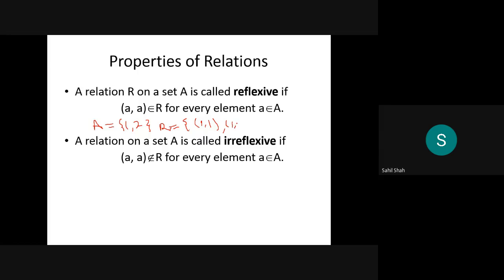So how many relations are possible on A using our formula? What is the formula to compute the number of binary relations possible on a given set?